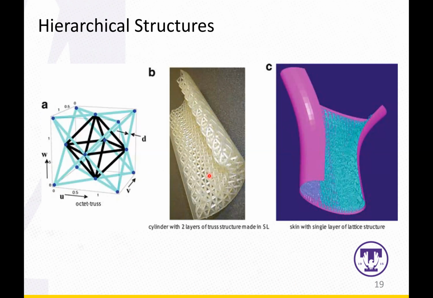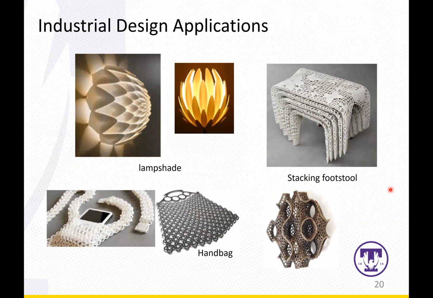You can see here some design examples utilizing octet truss structures. And those complexities could also bring good appearance, and industrial designers will utilize this uniqueness in their design applications to produce really customized shapes, whatever they want.